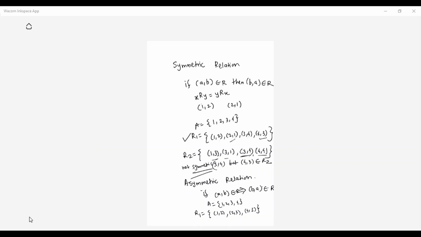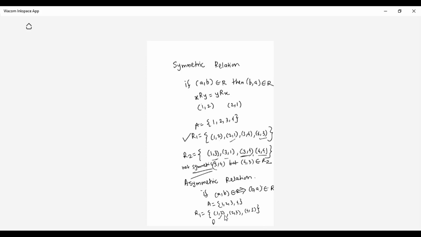Yes, very good. Because for 1 2, 2 1 is not there. For 2 3, 3 2 is not there, and for 4 3, 3 4 is not there.